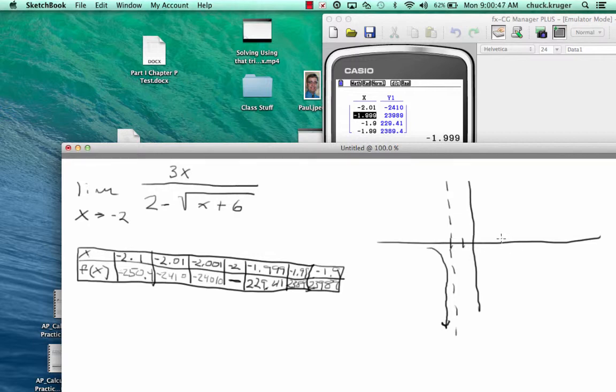So as I'm approaching from this side, I'm going up dramatically.